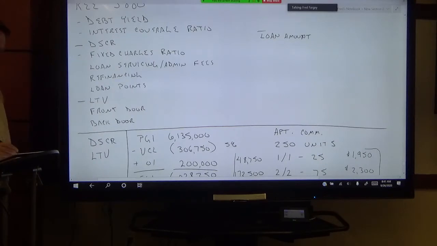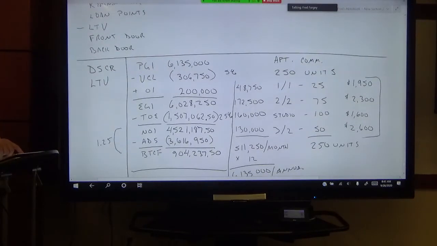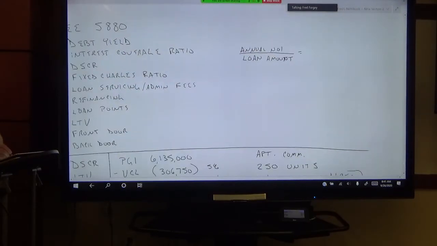And how much is your annual net operating income? So in this case, let's take a look at what we have calculated on this one and see what it comes out to be. So 4521.